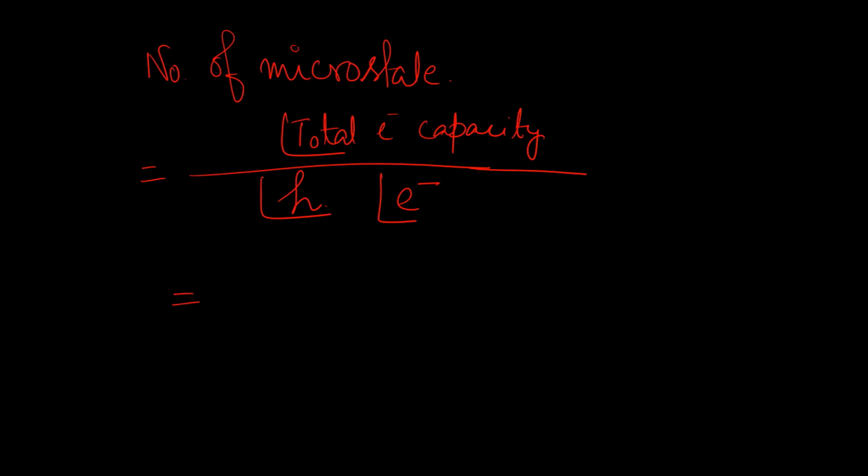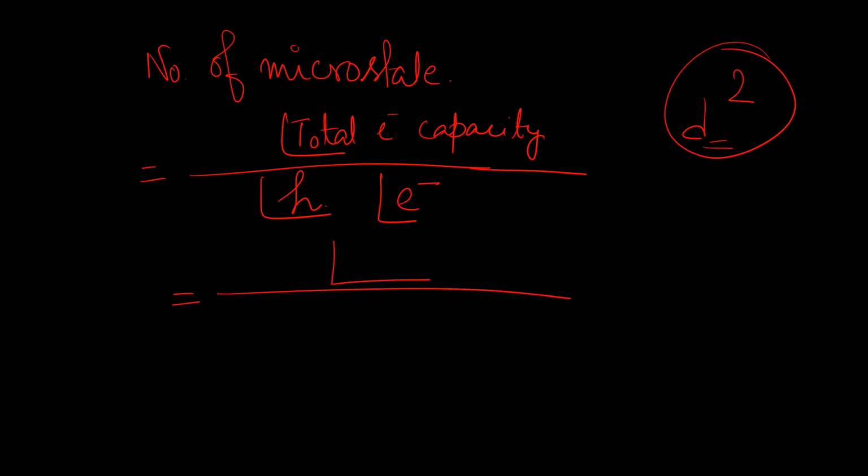Now for this question we are going for d2. How many electrons can be present in d? Total 10 electrons can be present. Here only 2 electrons are present, so the number of holes is 8. Now the next part is mathematical.